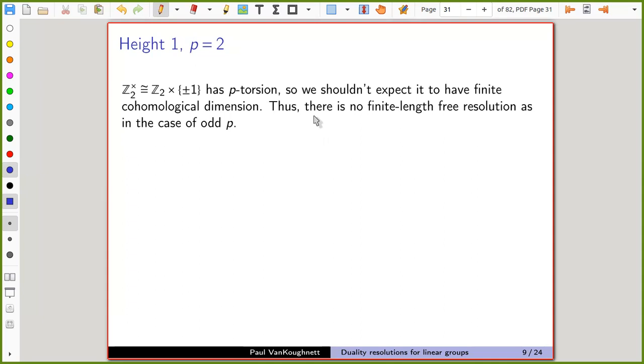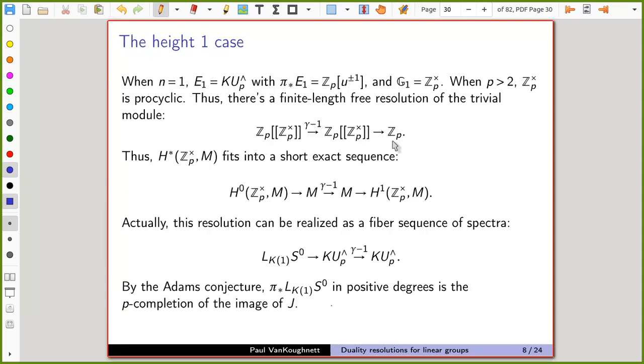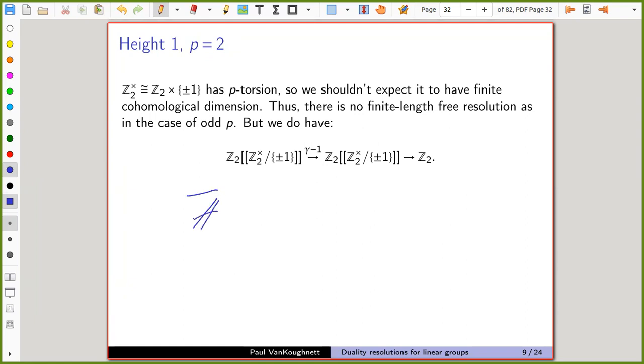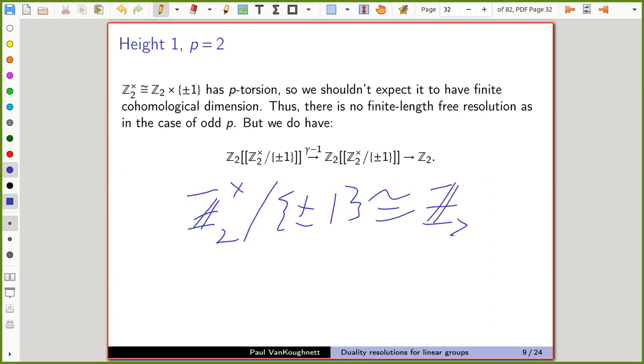So unlike on the previous slide, where we had this nice simple resolution, we shouldn't expect there to be a finite length free resolution of the trivial module. But what we get is something almost as good. So this quotient which I wrote down, Z_2 cross mod plus or minus 1, is procyclic. This is isomorphic to Z_2 as a group.